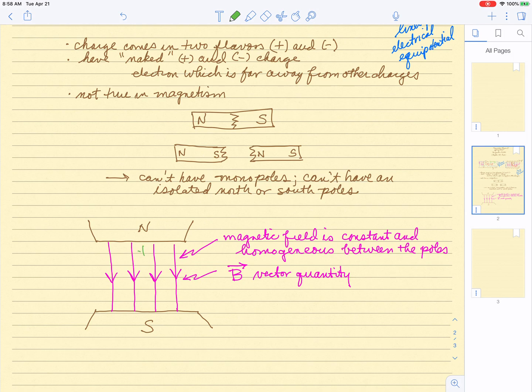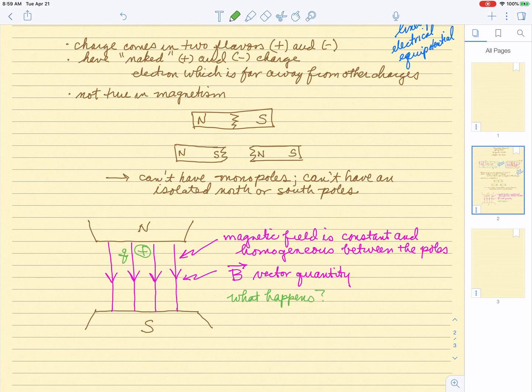We're going to place a charge. Let's just put a charge here of positive Q. And we're going to ask ourselves what happens now if we let that charge go?